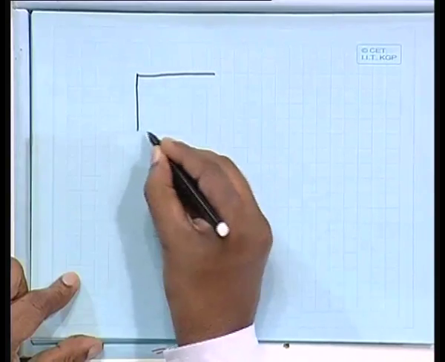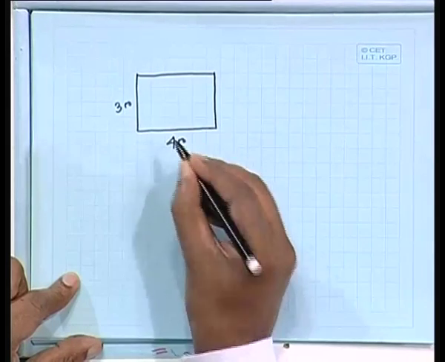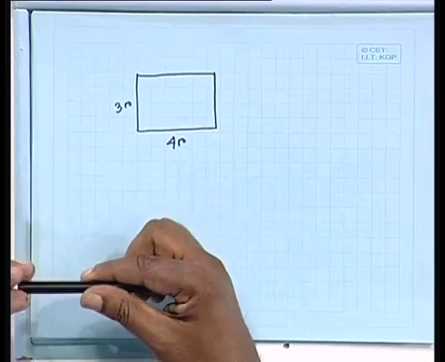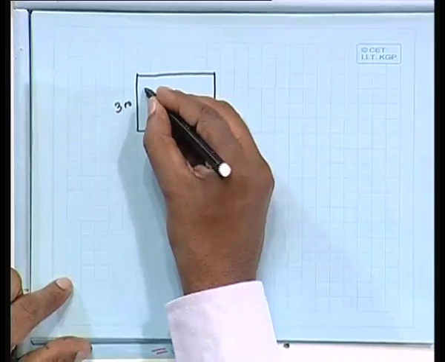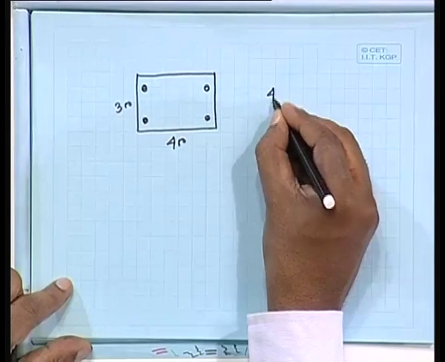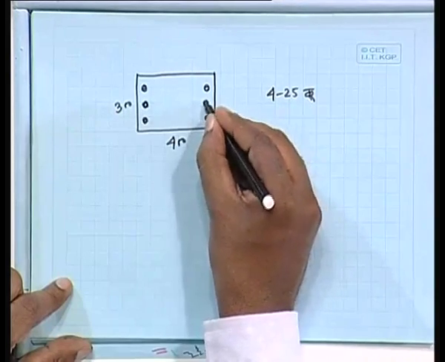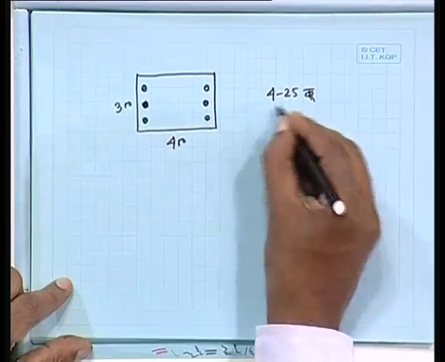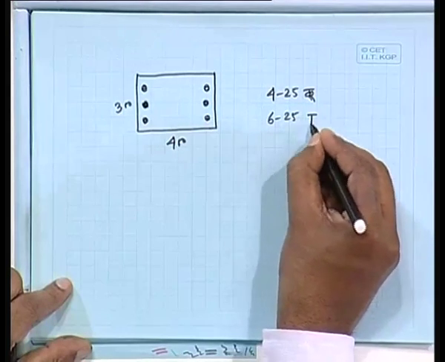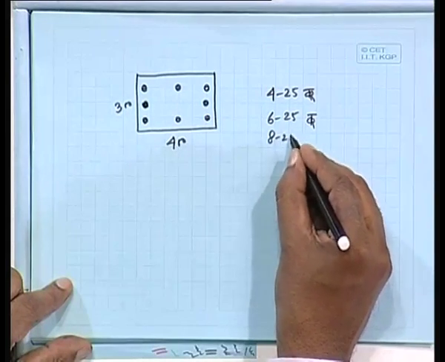What I actually do is directly take the section, let us say 300 by 400. I do not go by the percentage of steel. Why shall I use the percentage of steel? Instead, I prefer to try, say, 4 bars of 25 torr, maybe a little more, or 6 bars of 25 torr, or if I provide on all sides, 8 bars of 25 torr.